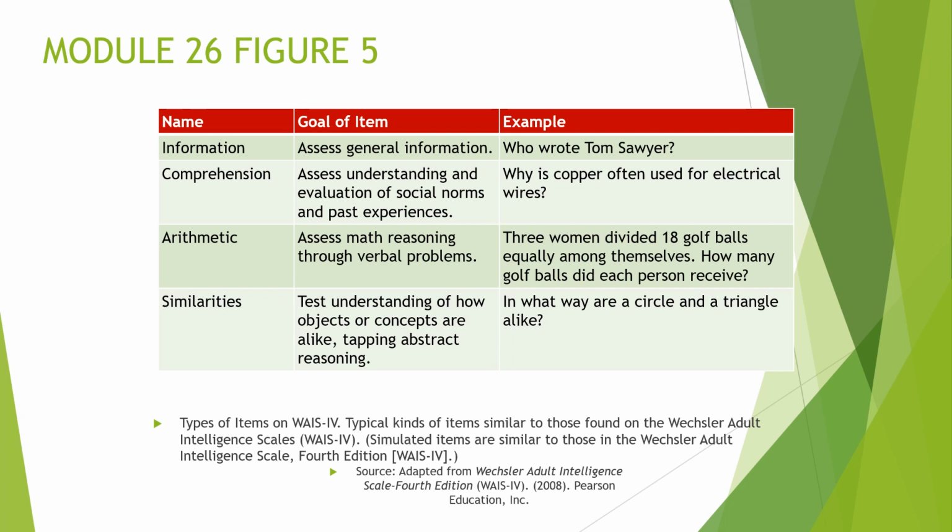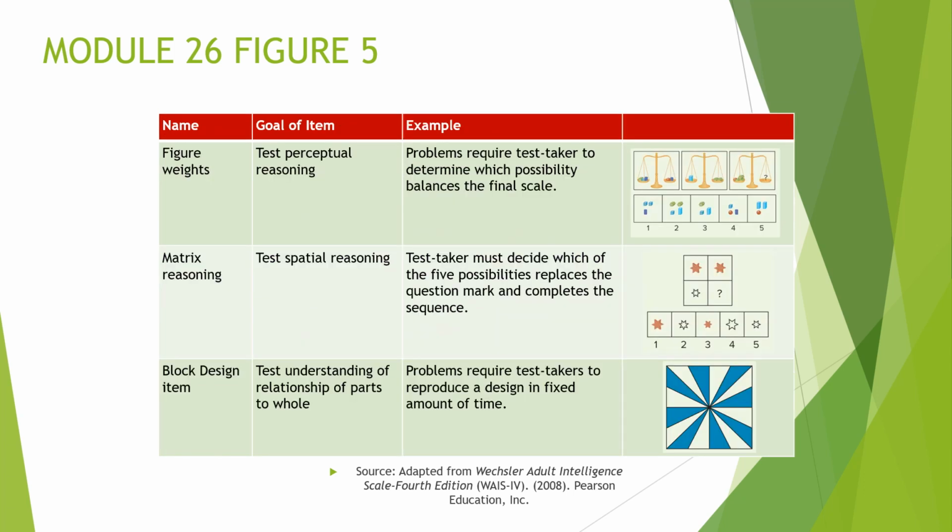You can actually see those more clearly on page 281 also. Oh wait, that's on the next slide. So this is actually what you see on page 281. This is figure 5. Figuring weights: problems require test takers to determine which possibility balances the final scale.